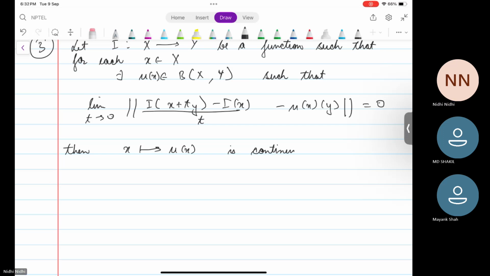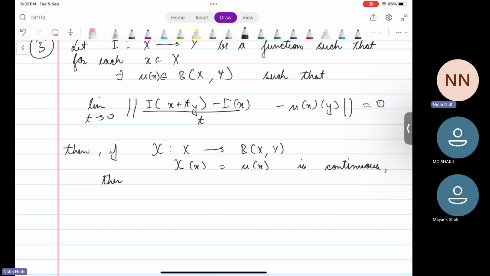If the map chi from X to B(X,Y), defined as chi at any point x is ux, is continuous, then our function I is a C1 function. I belongs to C1(X,Y).